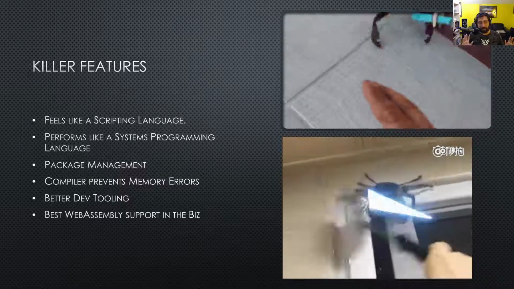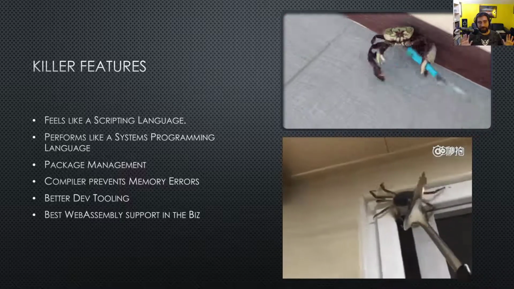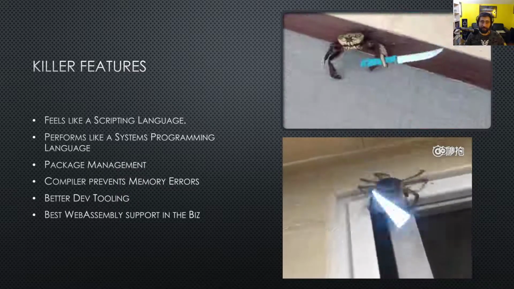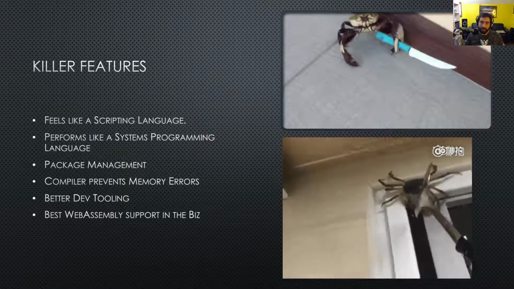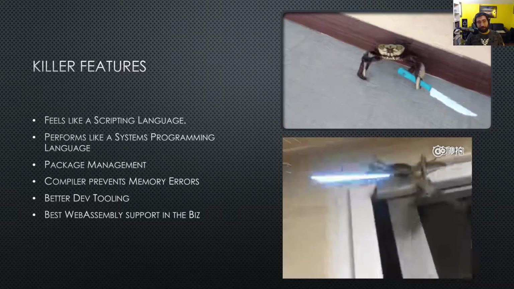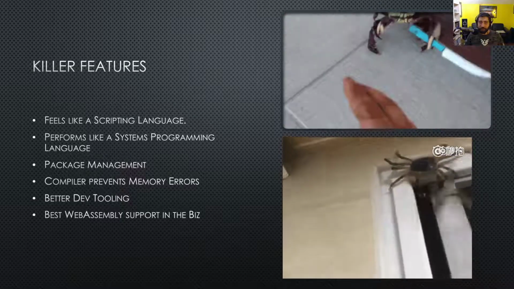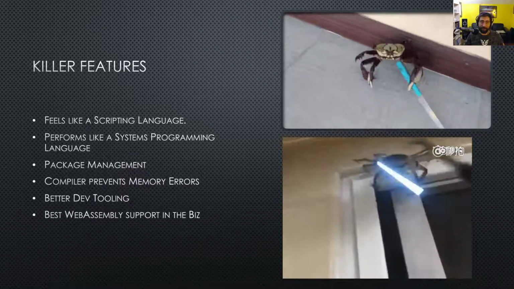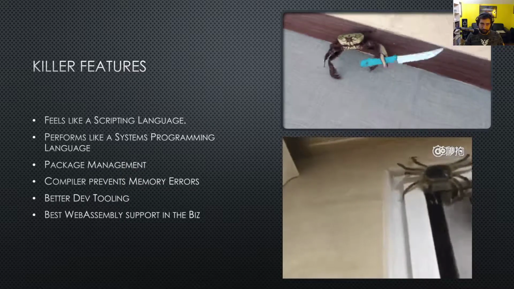Finally, the best feature, in my opinion, of Rust is they have the best WebAssembly support in the biz. So WebAssembly is basically an architecture neutral compilation target. You can think of it sort of like the JVM or the .NET CLR.